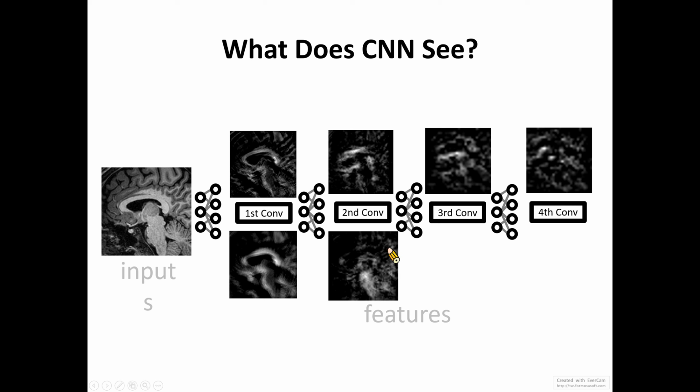For the second layer, it also sees these prominent structures in our brain. But for the third and fourth convolutional layers, it sees the same thing and does not contain more information. That is why we decided to use only 2 convolutional layers here.